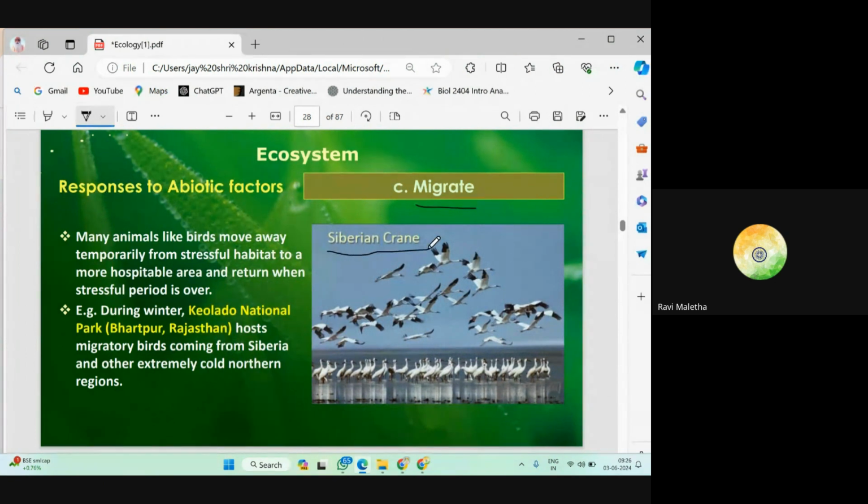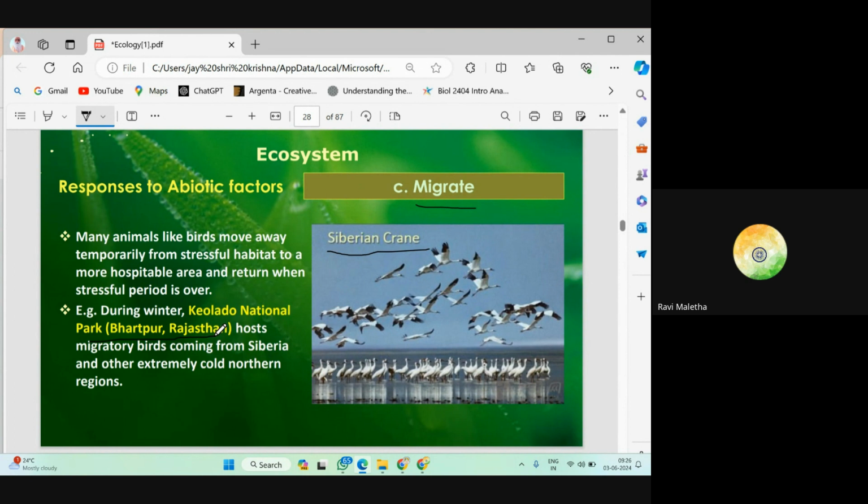When winter starts in Siberia, the temperature falls below 0 degrees Celsius. It's very cold there. So these birds start migrating towards India, and there is a national park. This is very important, Keoladeo National Park, Bharatpur, Rajasthan. Keoladeo National Park is very famous for the Siberian crane.